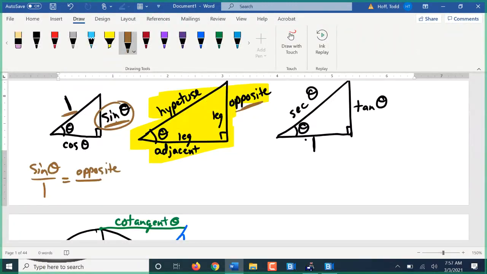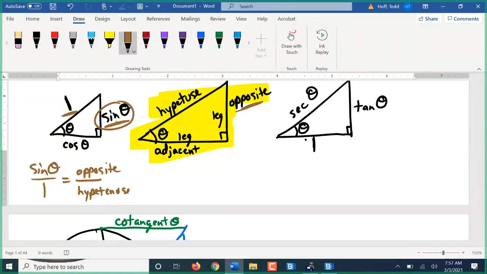And which side of the highlighted triangle corresponds to the 1 of the original triangle? Hypotenuse. Sine of an angle is equal to the opposite side of the triangle divided by the hypotenuse. Whatever the lengths of those sides are, that ratio will be the same for every right triangle that has that angle of theta, whatever theta is.